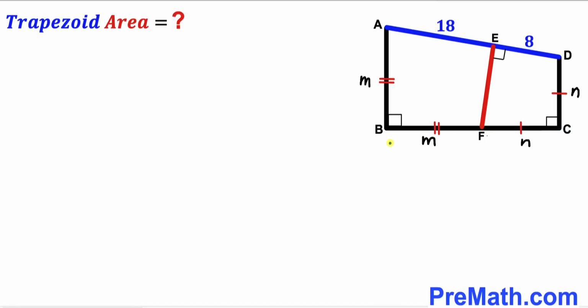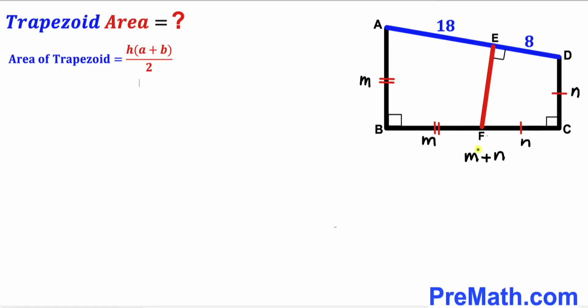Then we can see the height of this trapezoid is going to be m plus n, and the bases of this trapezoid are going to be m and n. Now let's recall the area of a trapezoid formula. Area is always equal to height h times the sum of the bases a and b all over 2.